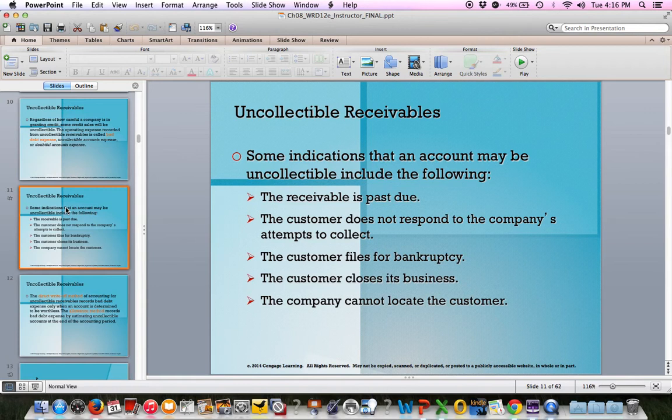That's a very good indicator. The customer filing for bankruptcy means we're going to have an issue collecting because that customer is now protected by a bankruptcy court. The customer closes his or her business, and the company cannot locate the customer. So we can't find the person. We know the business is closed, or we know they declared bankruptcy. They don't respond to us, and it's past due. Obviously fairly common sense type of issues.